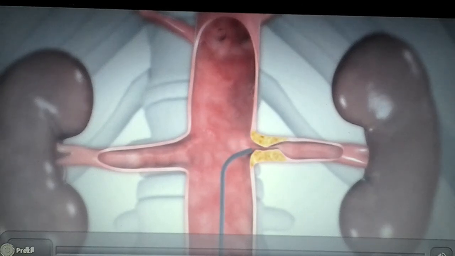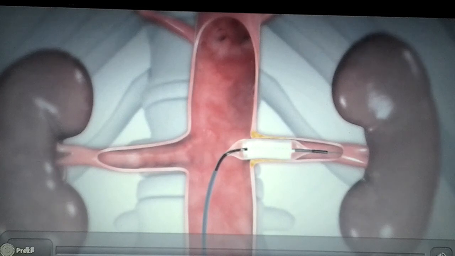Surgical treatment for renal artery disease includes a bypass procedure, which involves using a graft from another artery or vein to reroute blood around the blocked area of the renal artery.